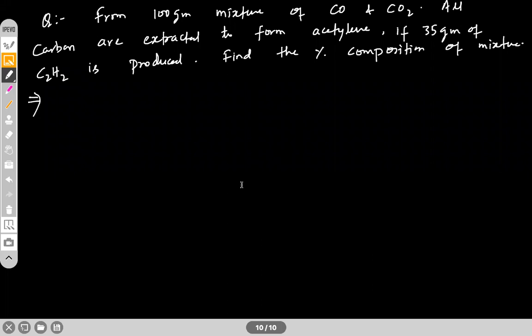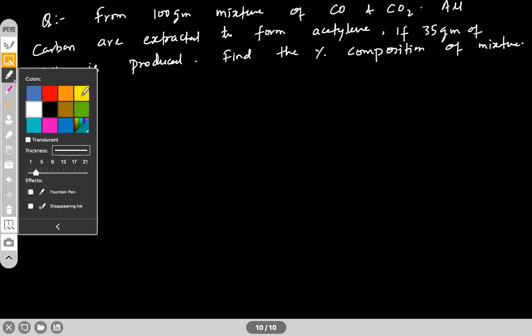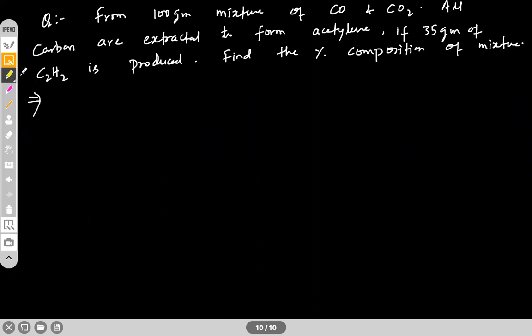You cannot write down the equation, or actually, see, what is the information given? Just write it down. We have a mixture of this. If the reaction is not given, don't try to predict the reaction. This plus this, and from this we are extracting carbon, and from this carbon we are getting C2H2.